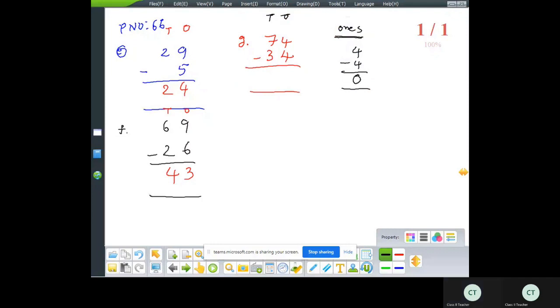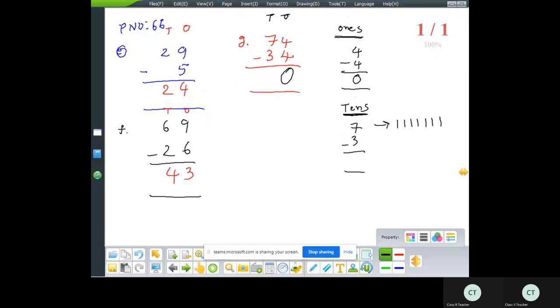Write this answer 0 in the 1 place. Now subtraction on 10. The digits are 7 and 3 from the 10 place. 7 minus 3. It means 3 is subtracting from 7. 1, 2, 3, 4, 5, 6, 7.